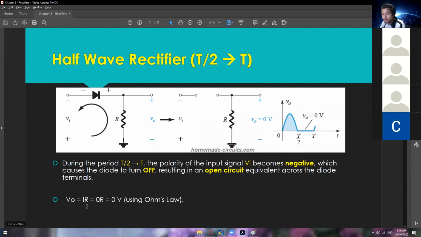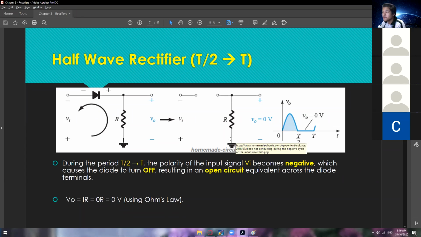Okay. So if you're going to calculate that one, of course, V sub O is equal to I times R. And then if you're going to get the current through that circuit, of course, you'll get 0. Okay. And then times R. So any number that is multiplied by 0 will become, of course, 0. So as a result, you get 0 volts with this one.